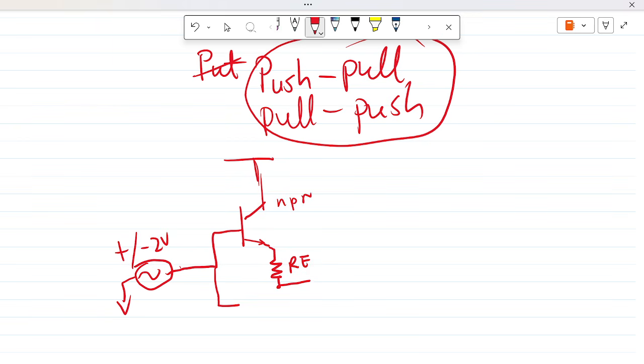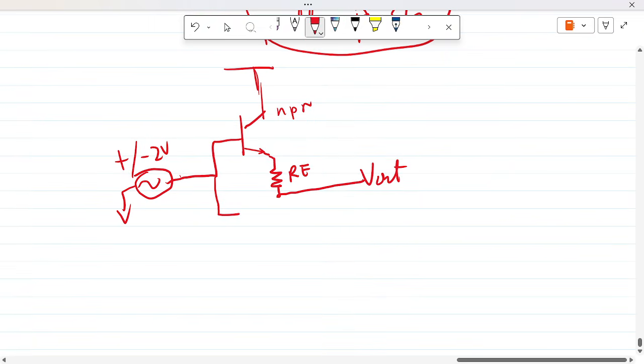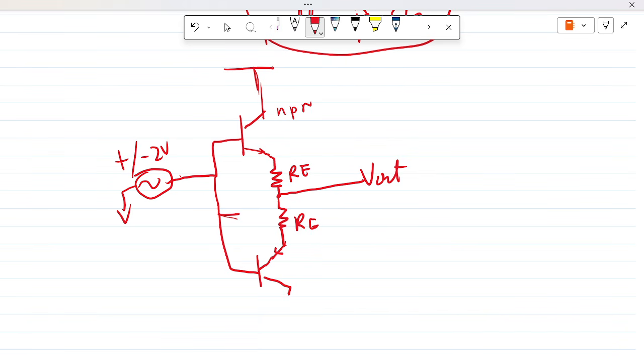Then the output is taken from here. Then this time we put a PNP here. Then we can connect our load, which is our speaker.